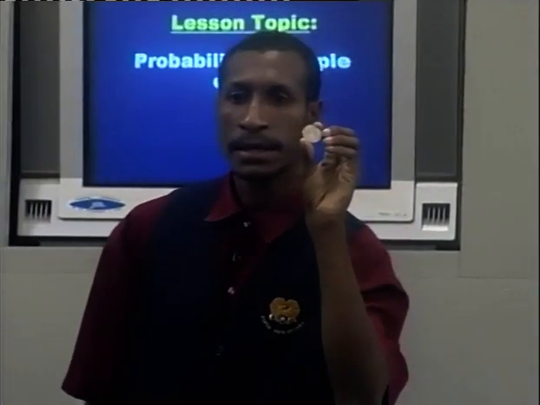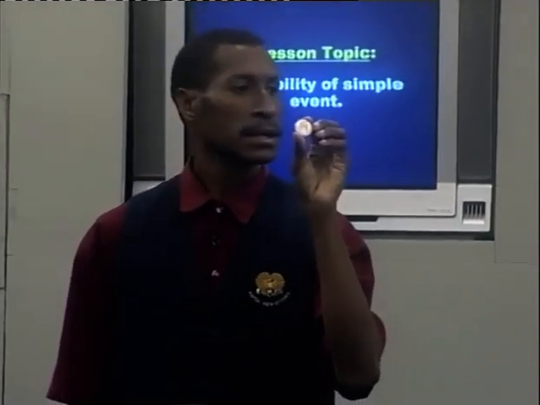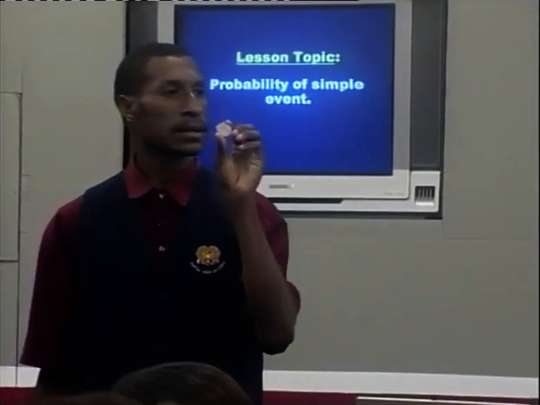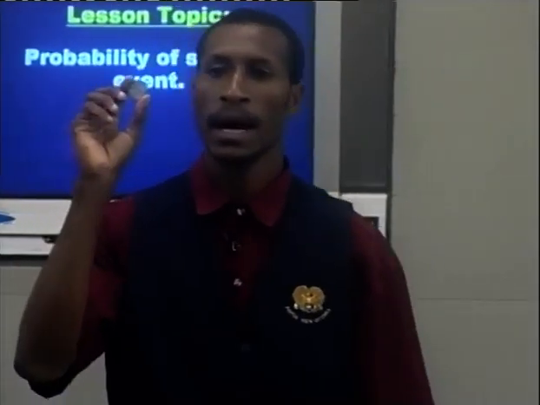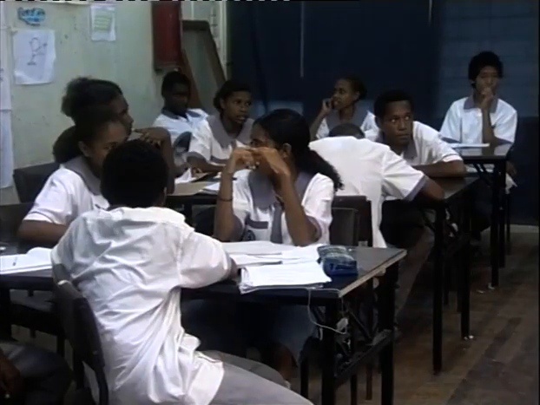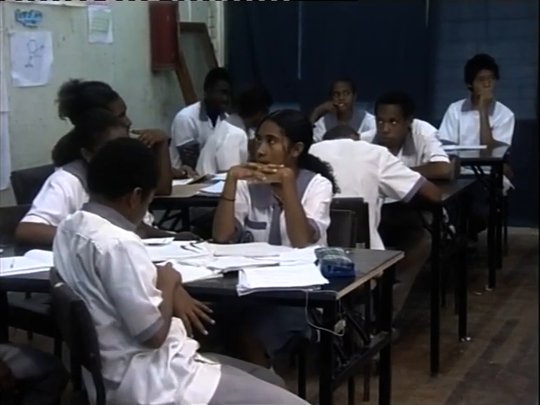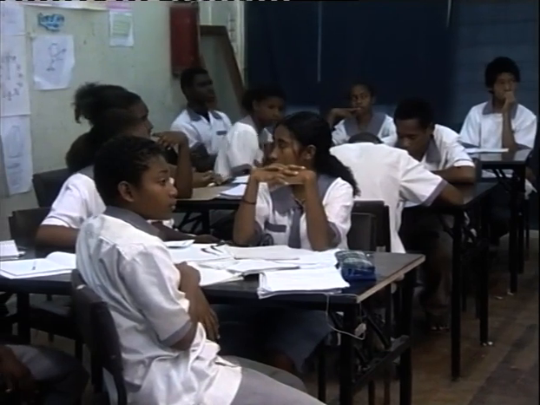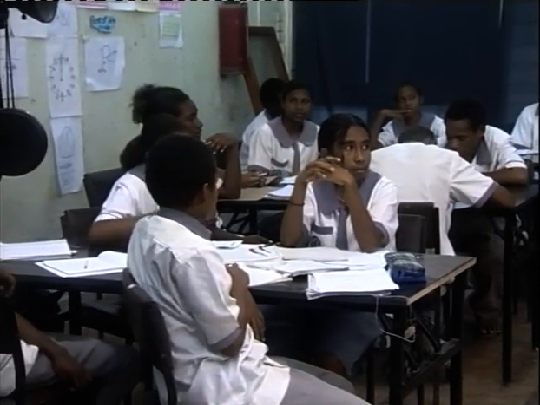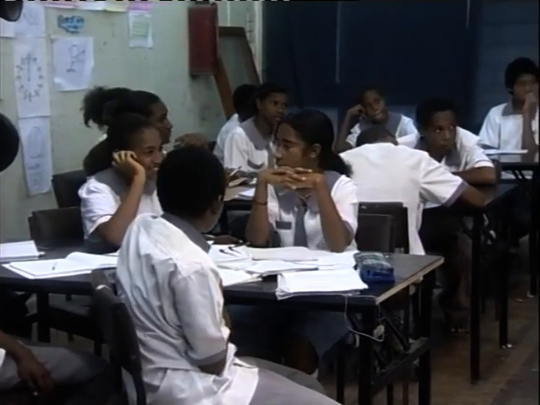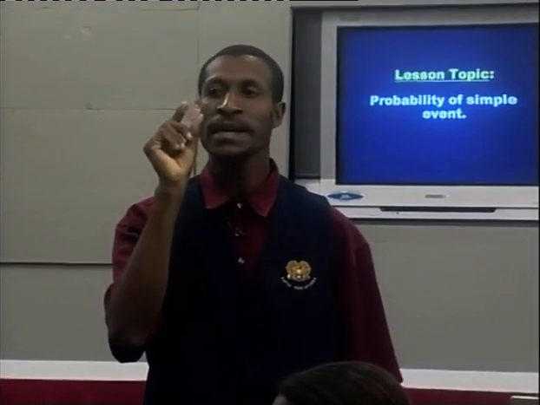Anybody want to try? This is a 20 toya coin. A 20 toya coin. Come on, it's a very simple answer. It's only a matter of you describing which side is the head and which side is the tail.